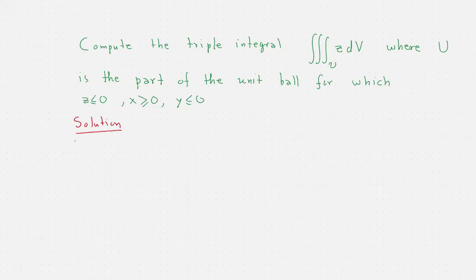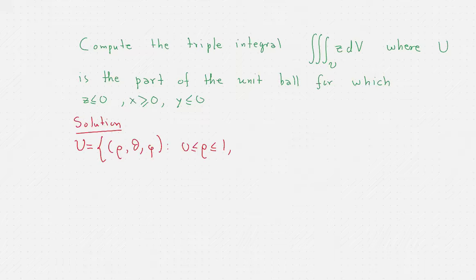So we will have all the rho, theta, and phi. First of all, rho is very simple. It's between 0 and 1. And phi is very simple too, because we are in negative z territory.